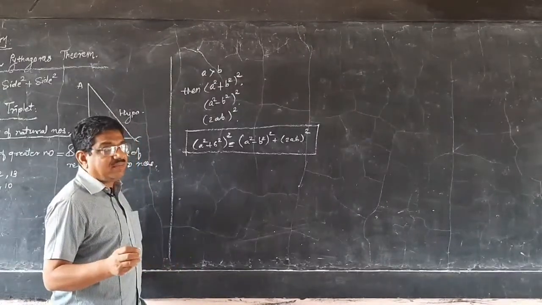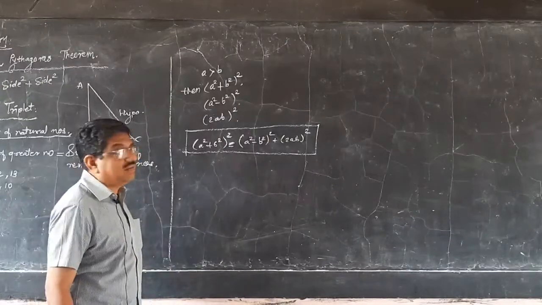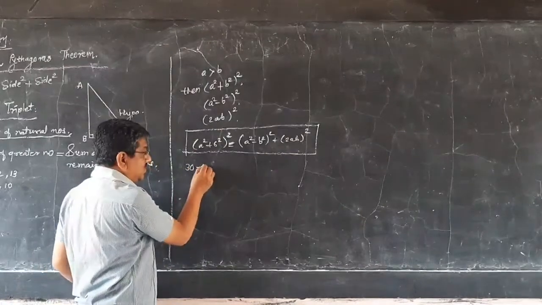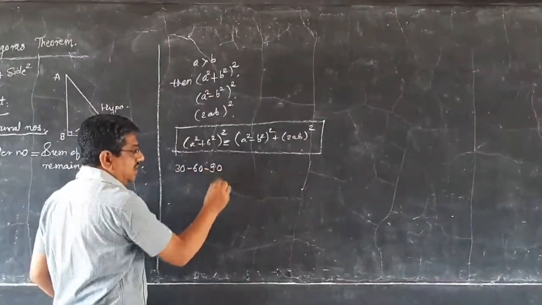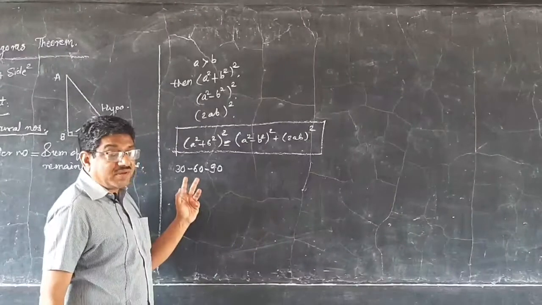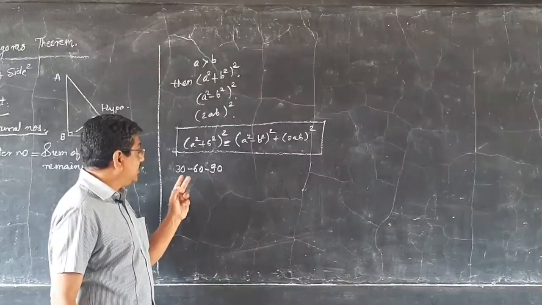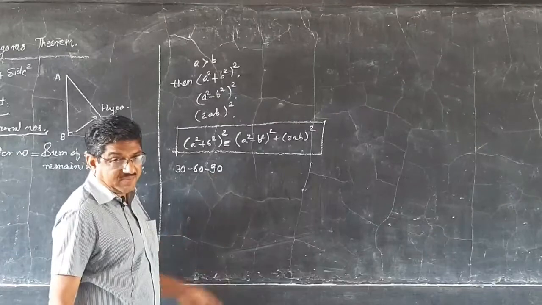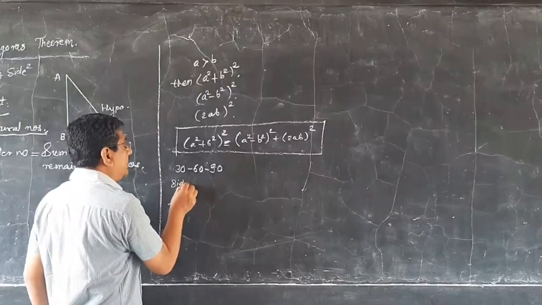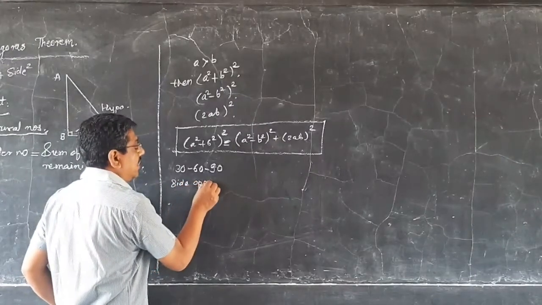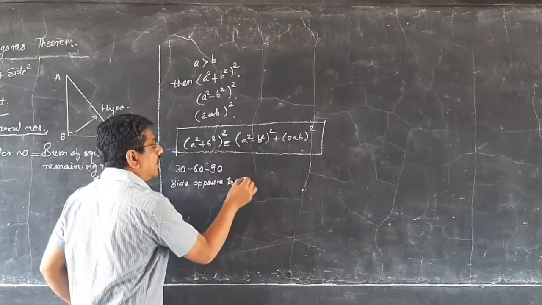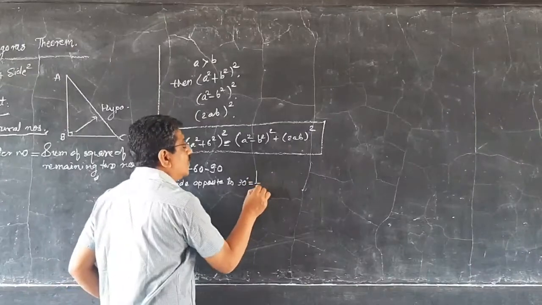Next point is the 30, 60, 90 theorem that you have studied in 9th standard. Now we cannot take this theorem, but you must know these theorems. If angles of the triangle are of measure 30, 60 and 90, then this formula you have studied: side opposite to 30 degree is equal to half into hypotenuse.